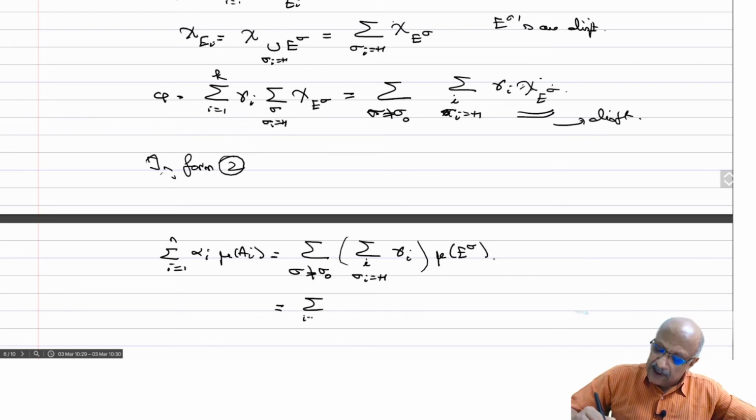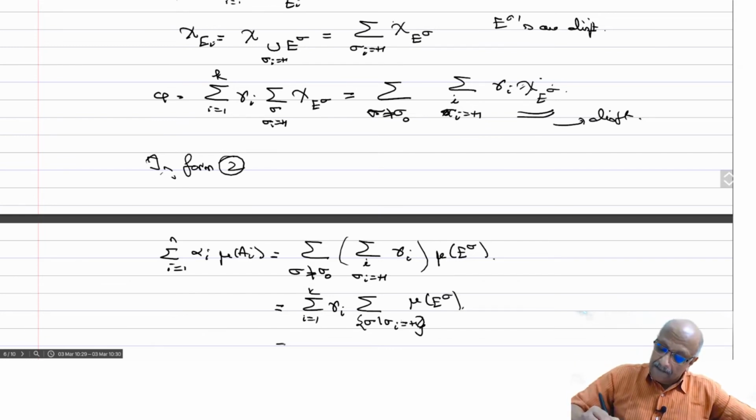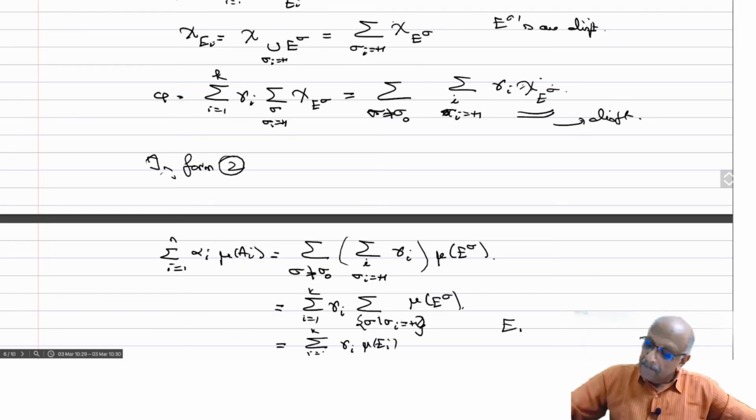This is equal to the sum over i from 1 to k of gamma_i times the sum over all sigma such that sigma_i equal to plus 1 of mu of E_sigma. But by the lemma that is nothing but the sum over i from 1 to k of gamma_i mu of E_i, since E_i is the union of E_sigma over sigma_i equal to plus 1, and the E_sigmas are disjoint.